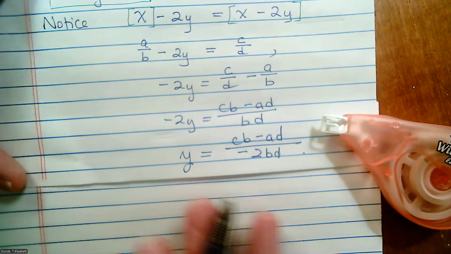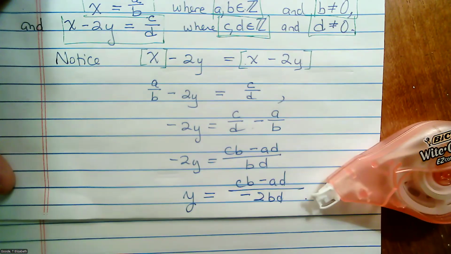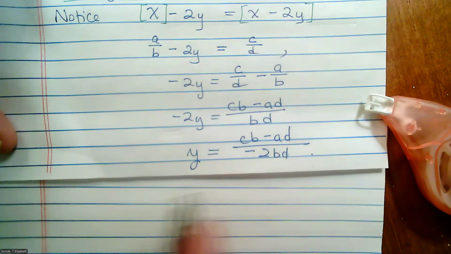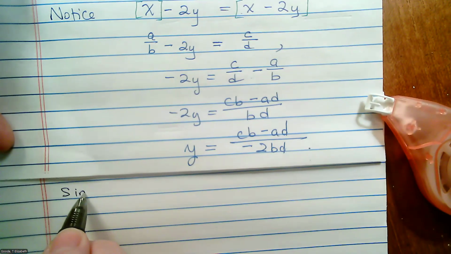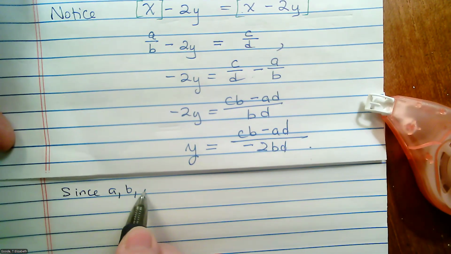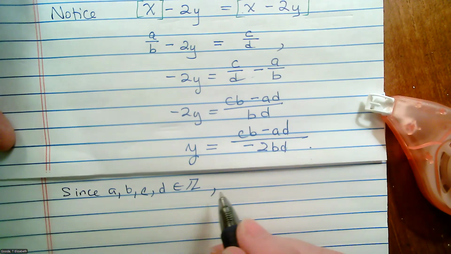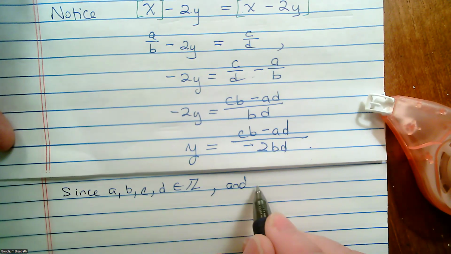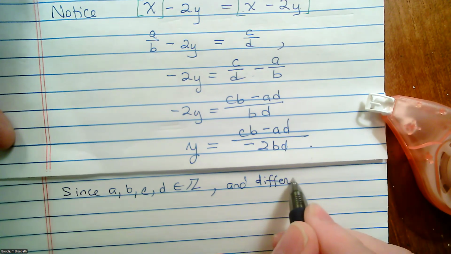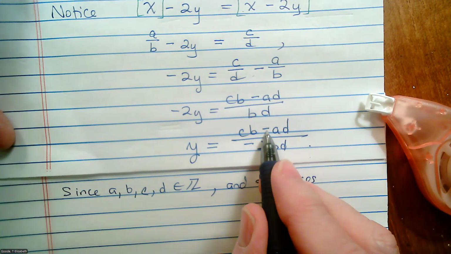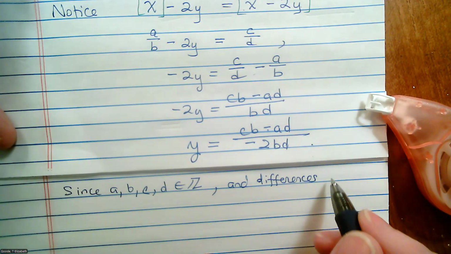So let's hit part 2 of the definition of rational. Since a, b, c, and d are integers, differences and products of integers are integers, because we're using a difference here and products here.